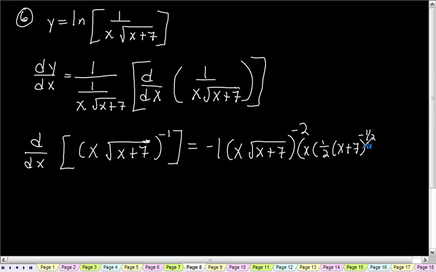Thank goodness. Plus the second, which is x plus 7, times the derivative of the first, which is just x, which is just 1.